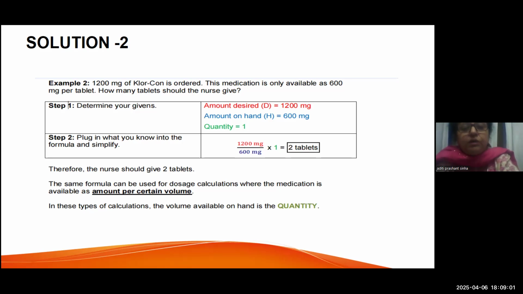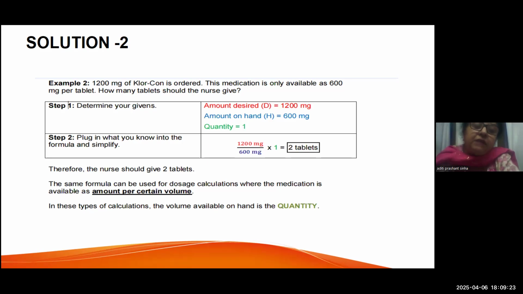The same formula can be used for the calculation of the dosage where the medication is available in a certain volume. So in these types of calculations, the volume which is available in hand is the quantity. That is why I said when we put D by H into V, V is equal to the quantity.